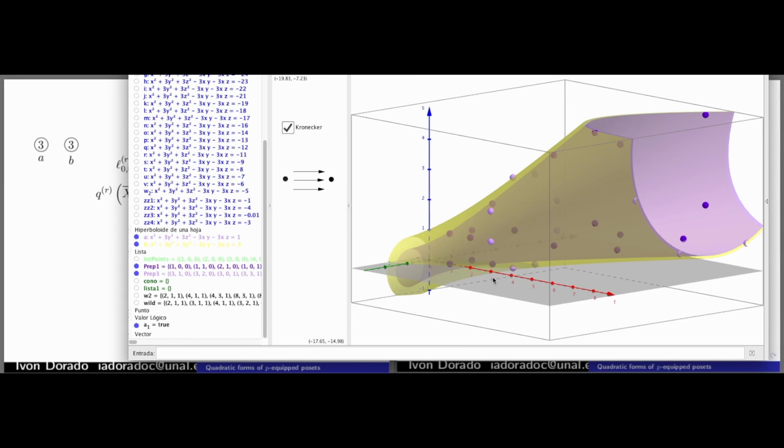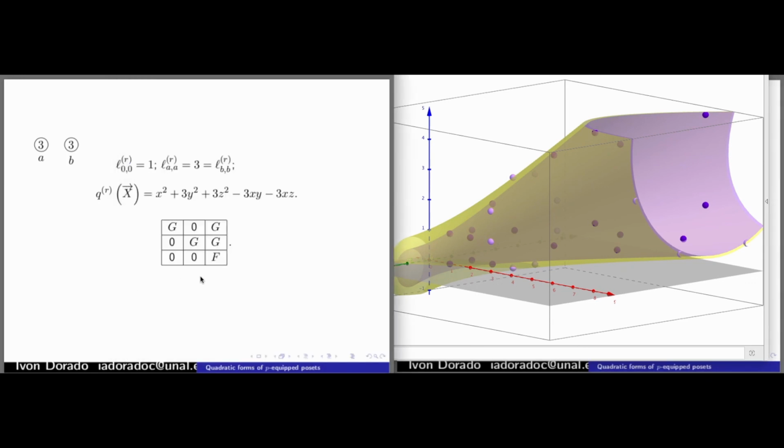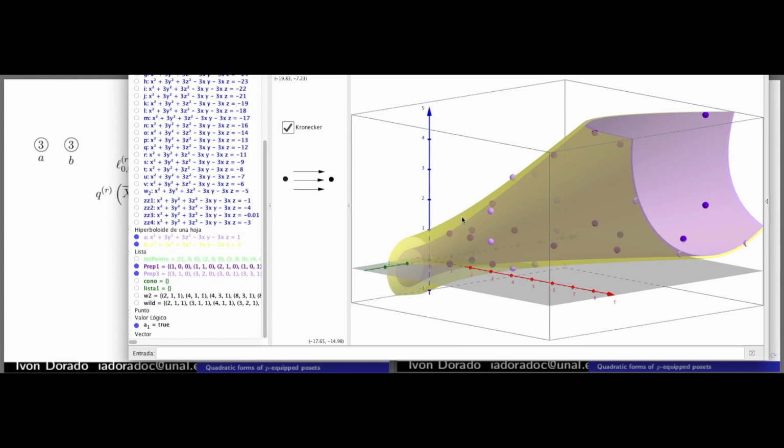We know that these points are in the component of the Auslander-Reiten quiver of the simple projective module of this matrix algebra. And this algebra is also hereditary, so maybe we can also construct the Cartan and Coxeter matrices to obtain more information.